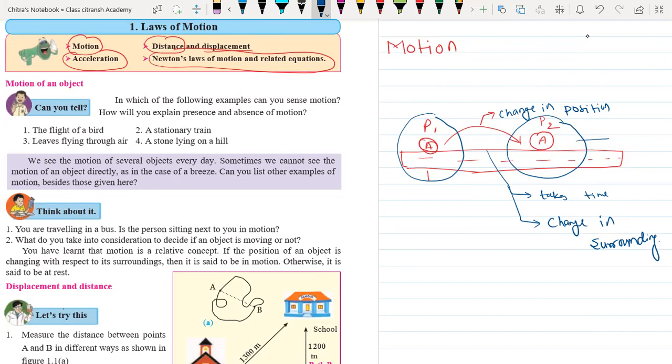So all these three points we have to relate for writing the definition of motion. Now I'm going to write a definition.